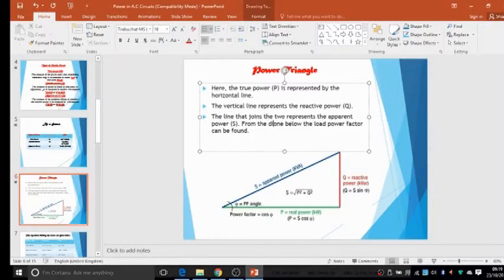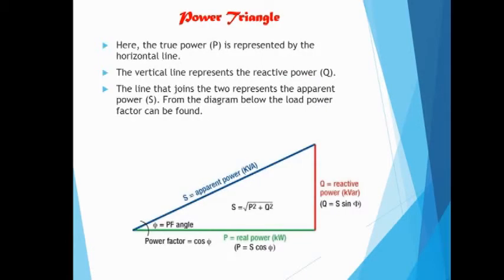Right, this is the power triangle. The horizontal line, the green phasor or vector, represents the real power, P, which is measured in watts or kilowatts.